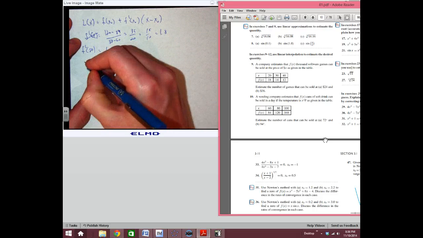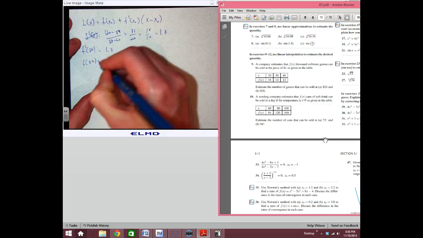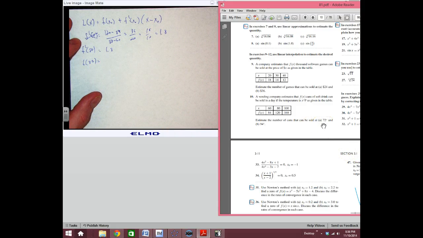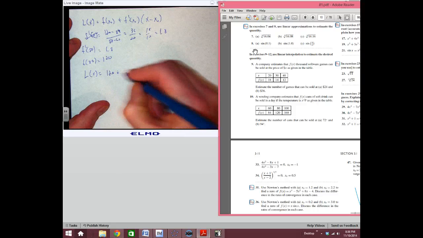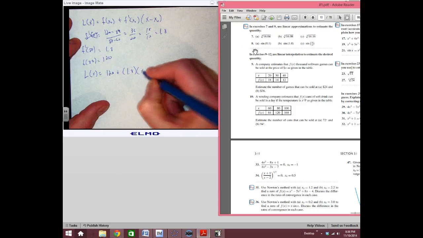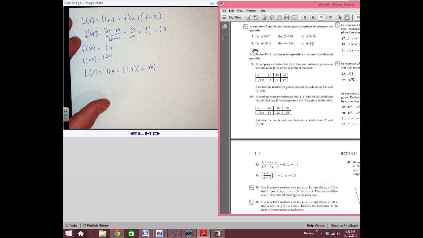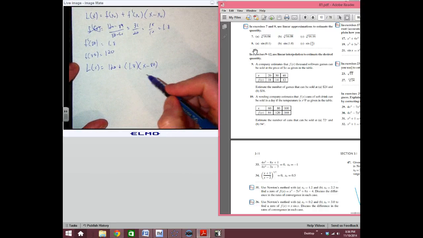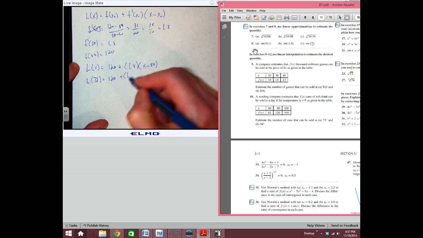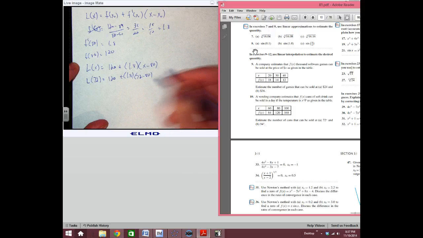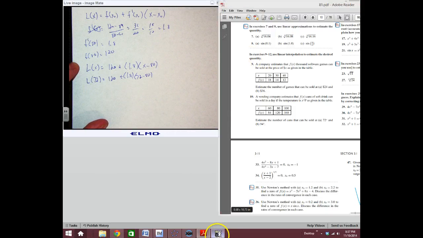And now I'll use f of 80, because that's the closest number of the 3 to 72, which is 120, as my values to plug into my linear approximation formula. So the linear approximation formula is 120 plus 1.8 times x minus 80. There's the formula for it. Now I'll just plug in 72 for x, and again, I can just throw that in the calculator to do all the arithmetic for me.